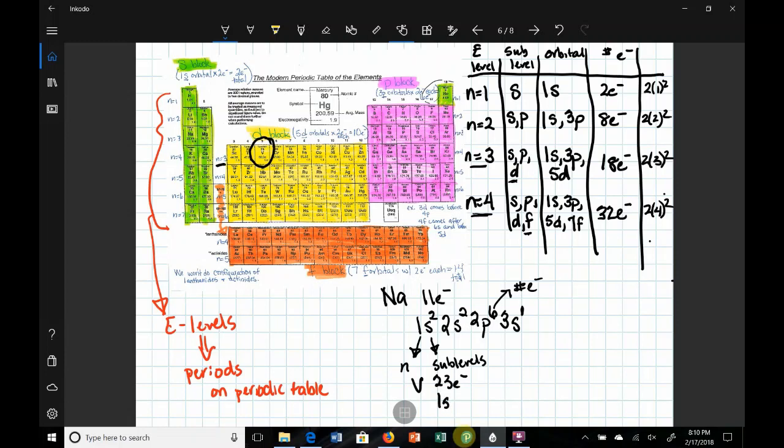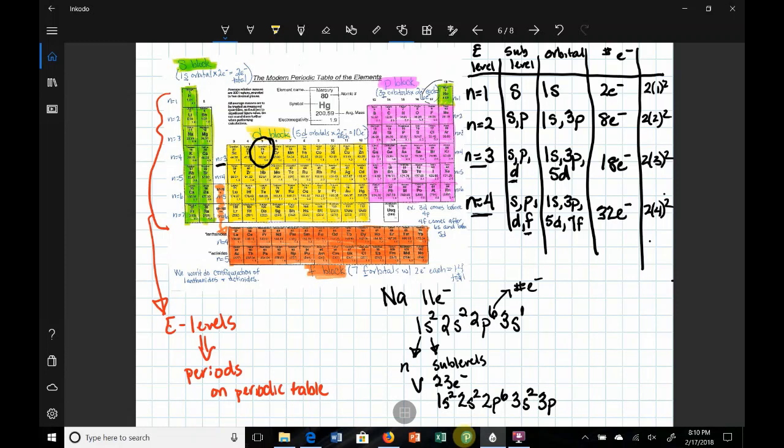We know we've got 2 s electrons in the first energy level. We've got 2 s electrons in the second energy level. We've got 6 p electrons in the second energy level. Moving on up, we've got 2 electrons in the s sublevel on the third energy level.